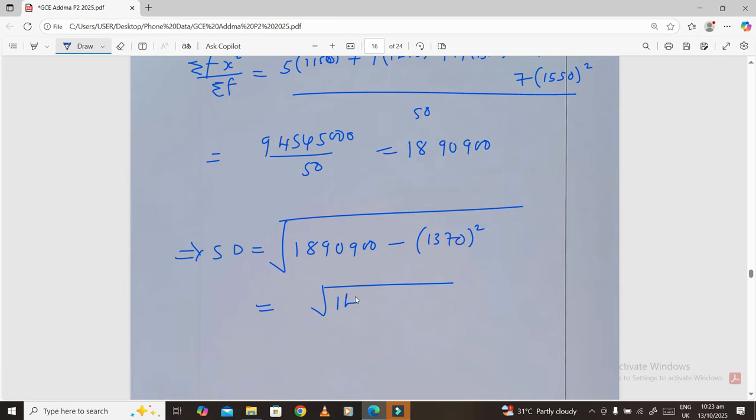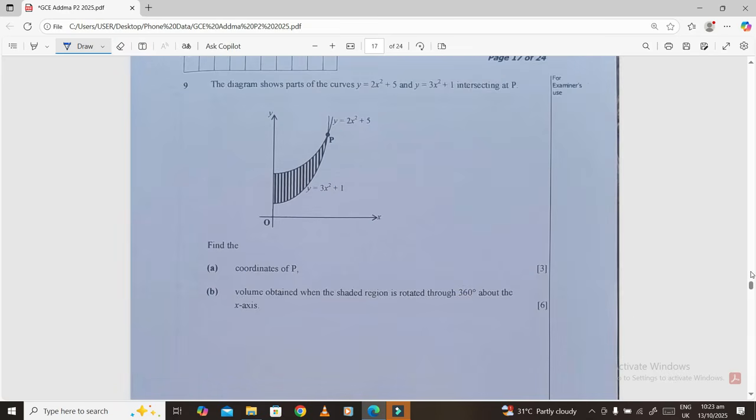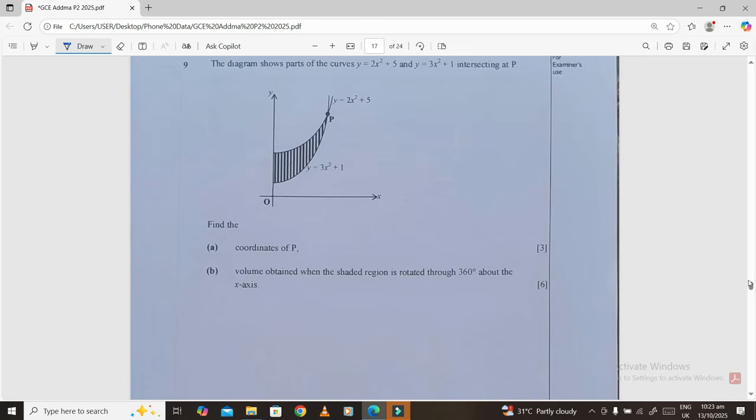So the square root of 14,000 is 20 square root of 35, or you can say 118.32 15957. So these are the two answers, whichever I want to write. Let's go to the next question.